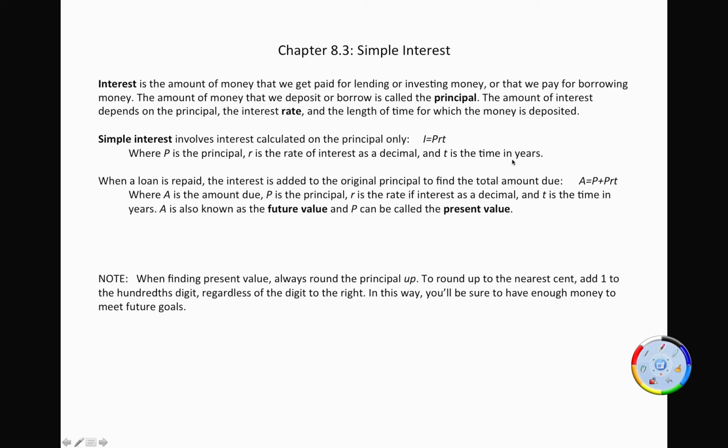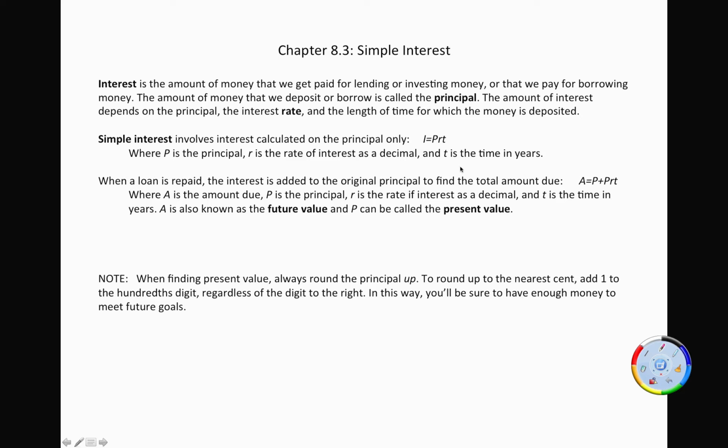However, there are still some financial institutions that use the banker's rule with 360 days in a year because, after all, it produces a little bit greater amount of interest. So pay attention to that when your time is in years. Is it telling you to use 360 for the number of days in a year or 365?